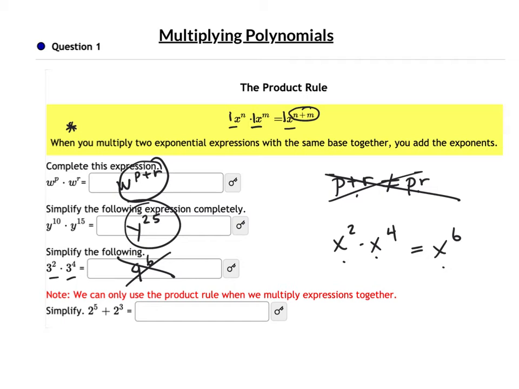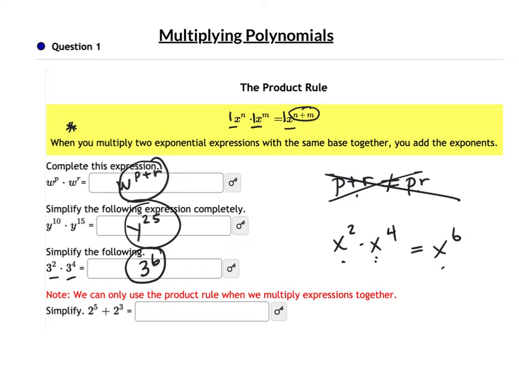This isn't correct. What is it then? Well, just like over here, x squared times x to the 4th is x to the 6th. 3 squared times 3 to the 4th is 3 to the 6th. And you could work that out on a calculator, but this answer will be accepted too. It's correct.